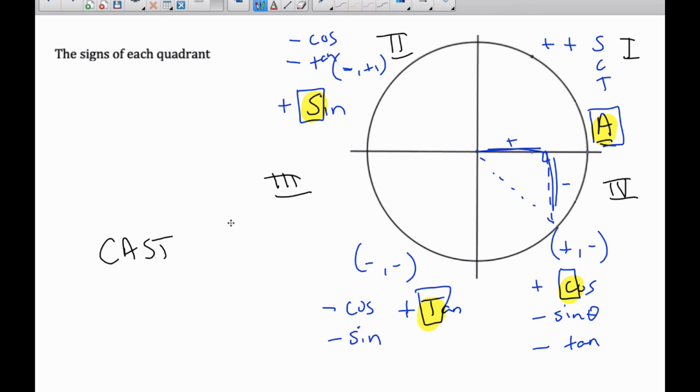Cosine was positive. Another thing I've been shown in the past is All Students Take Calculus. Is another way that we could remember it. But this is just a mnemonic device to remember which ones are positive. You can always go back to first principles and think about positives and negatives, but you want to do this quickly.